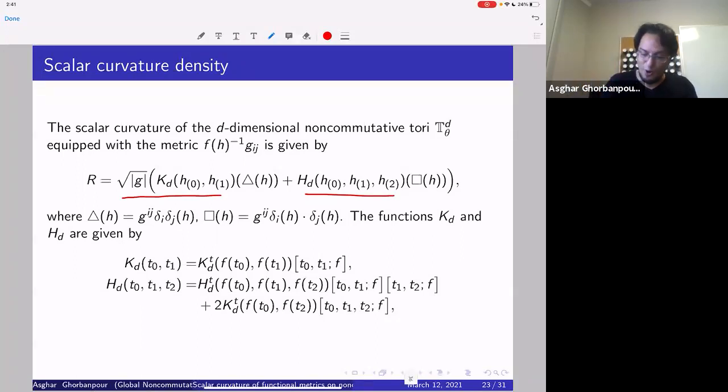This is for all dimensions. So this trick of turning everything from the beginning to the contraction form gives us this ease of calculation, so that we can go ahead and calculate all these terms.